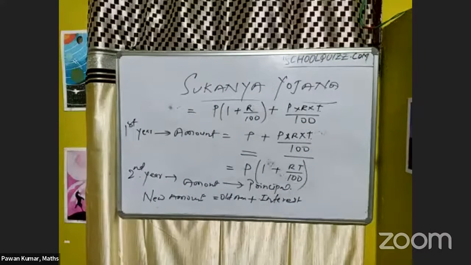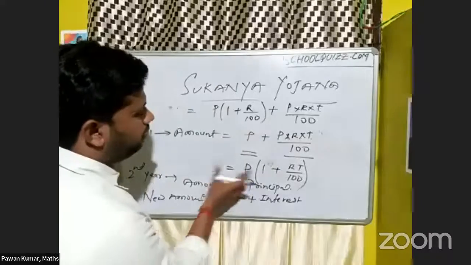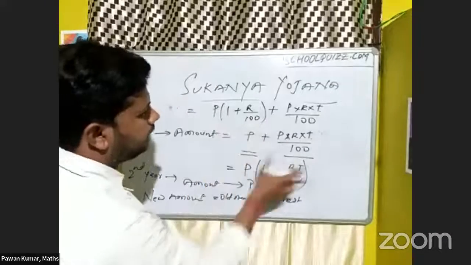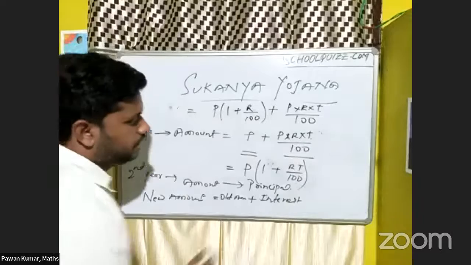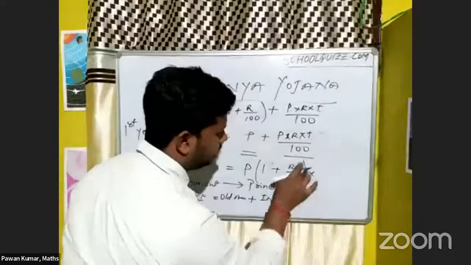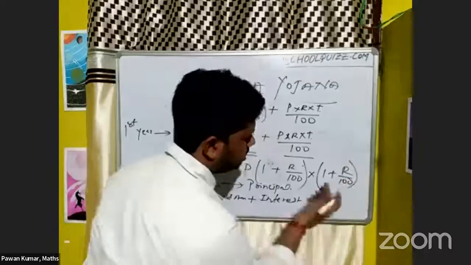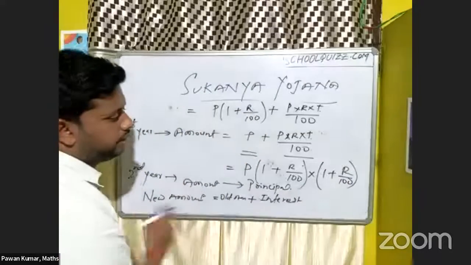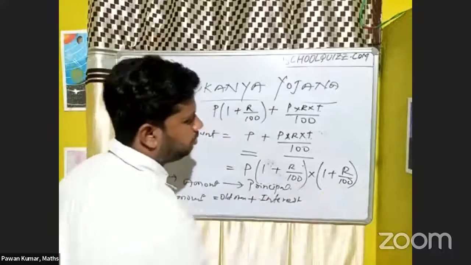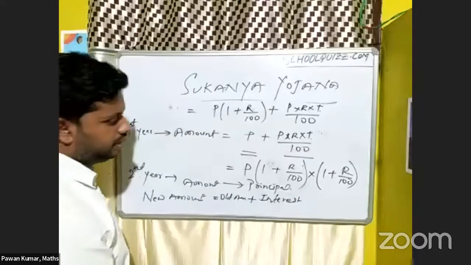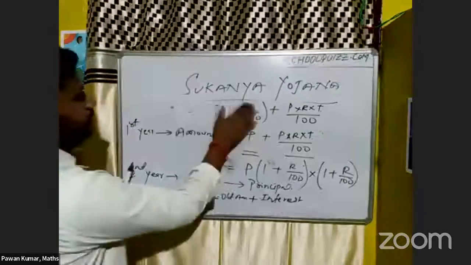Understand this one? So every time you are just adding one more multiple of this. They will add 1 plus R by 100, if I take P common from there. So every time these things will be added continuously. Understand? So that's why they added.